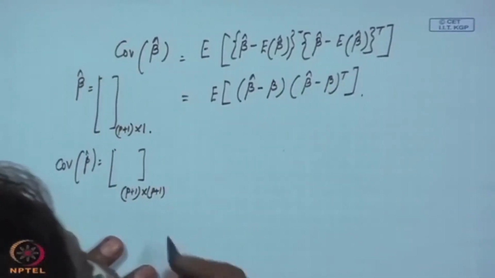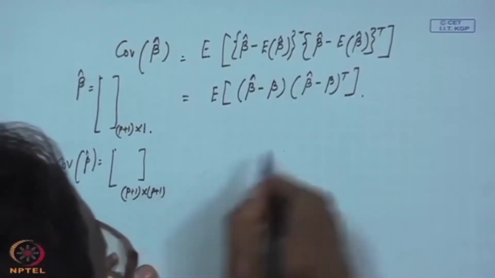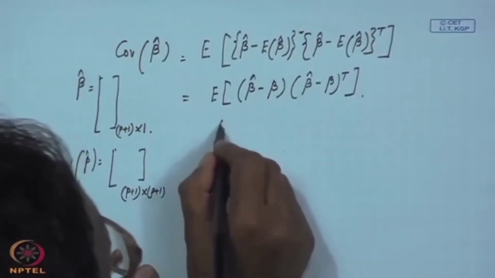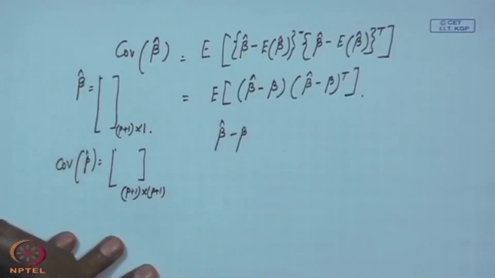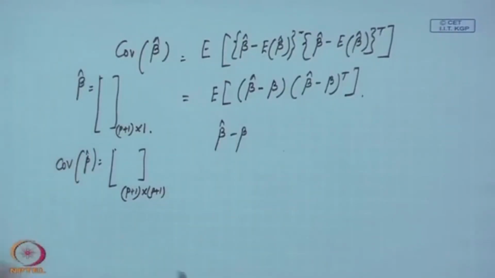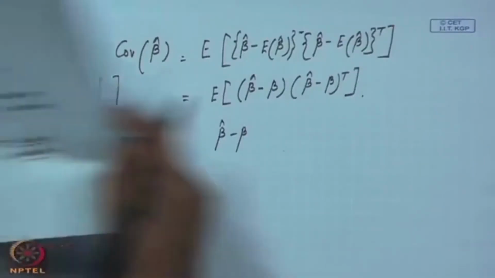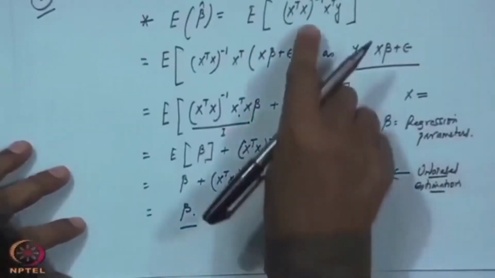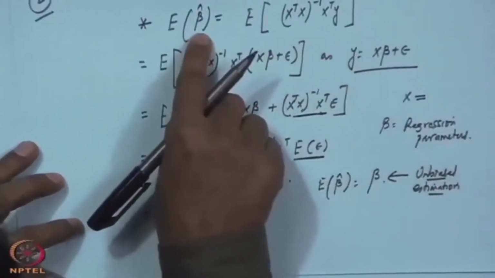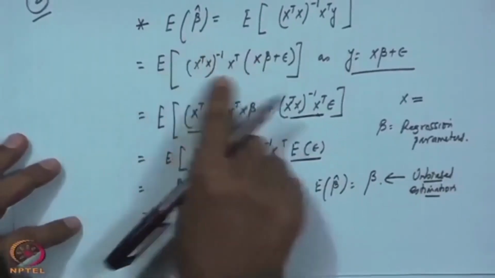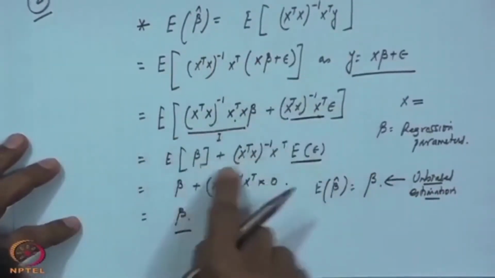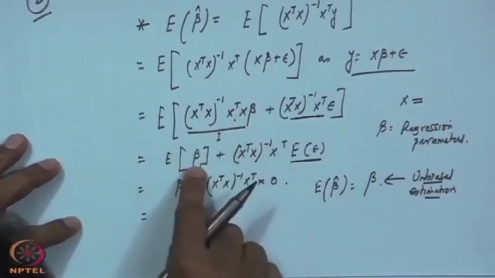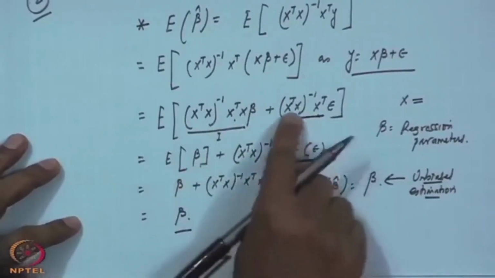Okay. So, let us find out what is the value of beta cap minus beta. What is the value of beta cap? When we described this for the expected value, ultimately you got beta plus this quantity.